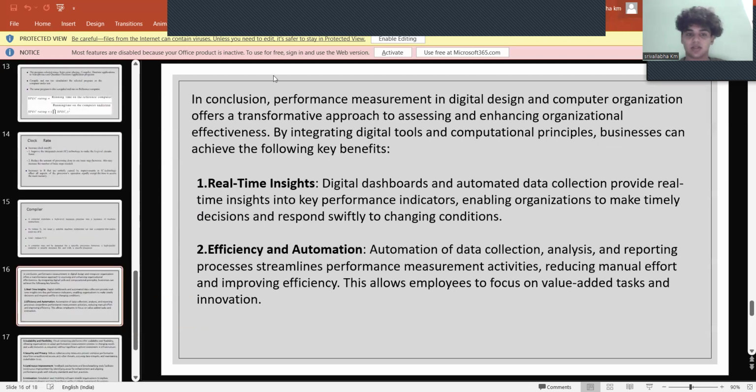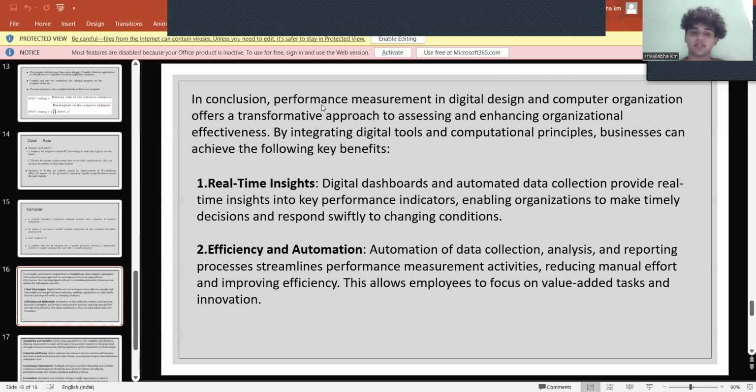Next, in conclusion, these are the uses of performance measurements. In conclusion, performance measurement in digital design and computer organization offers a transformative approach to assessing and enhancing organizational effectiveness by integrating digital tools and computational principles. Businesses can achieve the following key benefits.